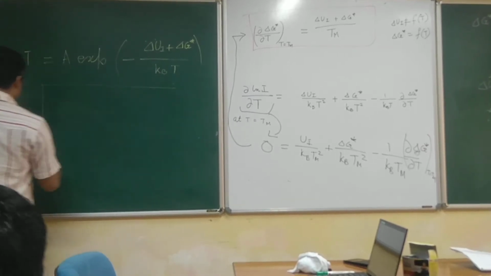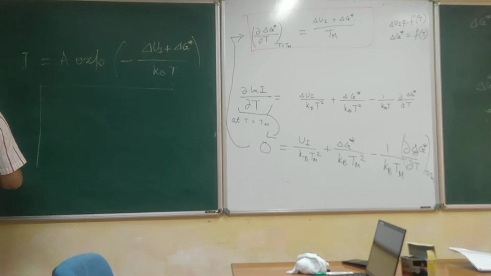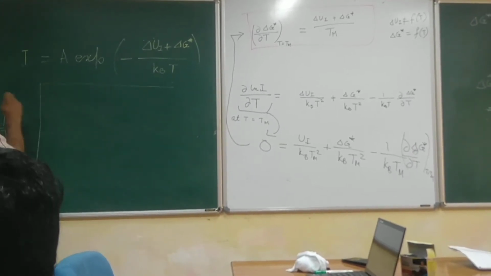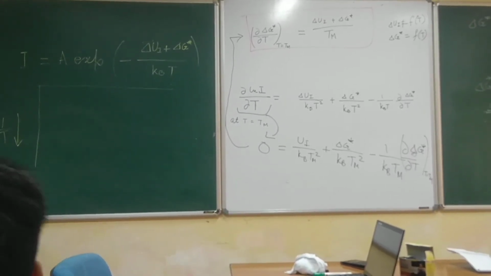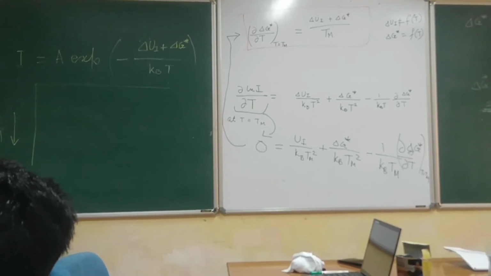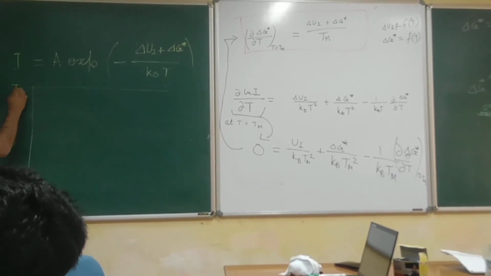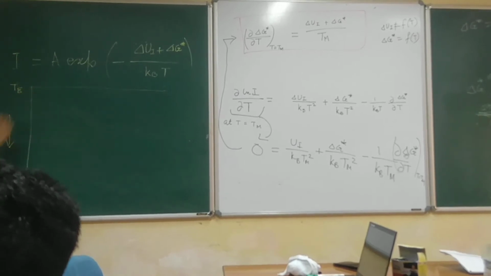Say reciprocal temperature is going this way, that means the temperature is going down this way, going up. So say your T equal to TE, this temperature.